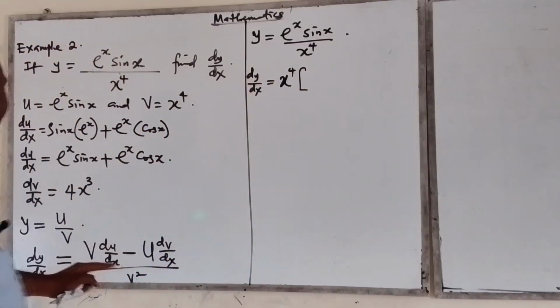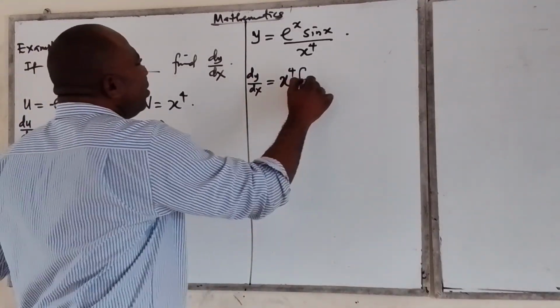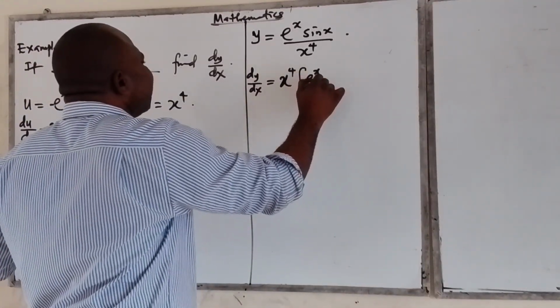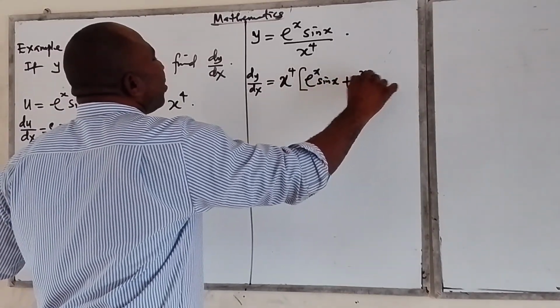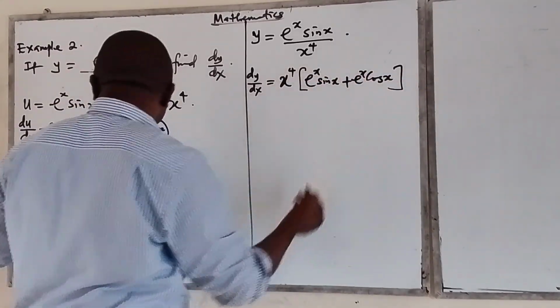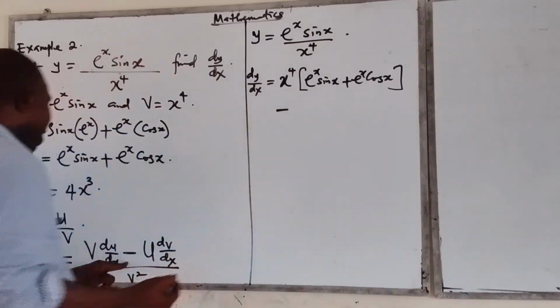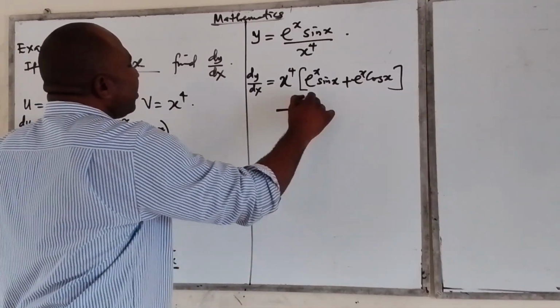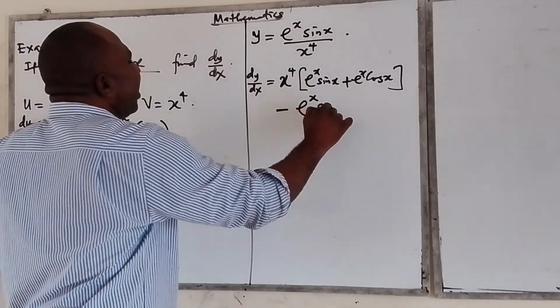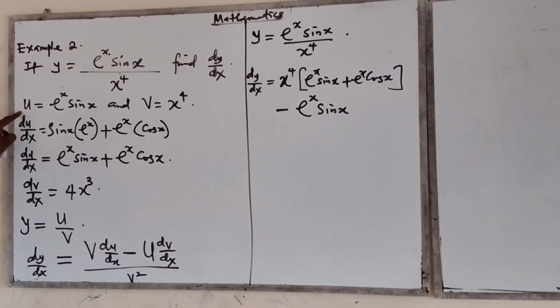Then you get the value of du over dx, which is e raised to the power of x sine x plus e raised to the power of x cos x. Then here we have minus, and you pick the value of u. Our u is e raised to the power of x sine x.